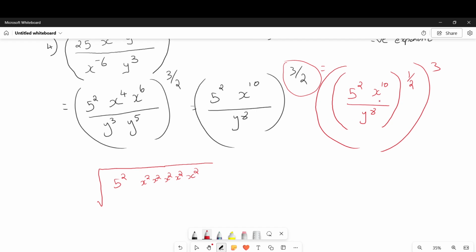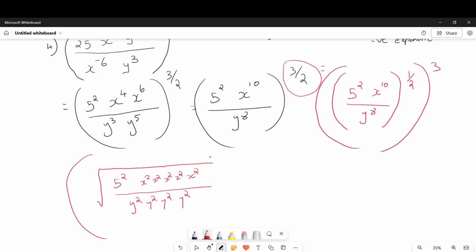So I split this x to the power 10 into 5 squares, because the bases are the same: 2 plus 2 plus 2 plus 2 plus 2 is 10. Then y to the 8 we can also split like this: y square, y square, y square, y square. So all are perfect squares, so we can pull them out.